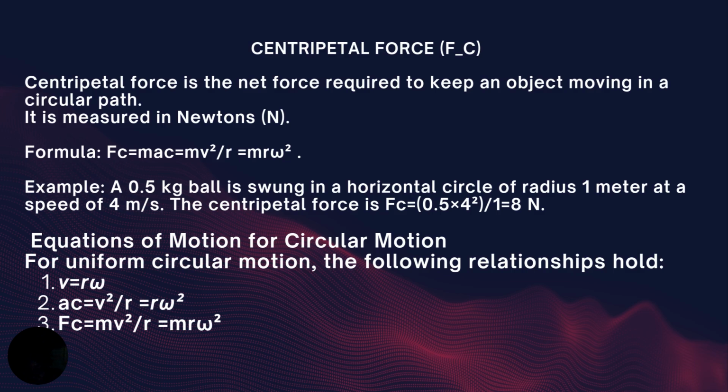Now remember, centripetal acceleration is v squared over r. So centripetal force will be m v squared over r. And that's the formula there. And we also have an example. These are simple examples that you can go over on your own.